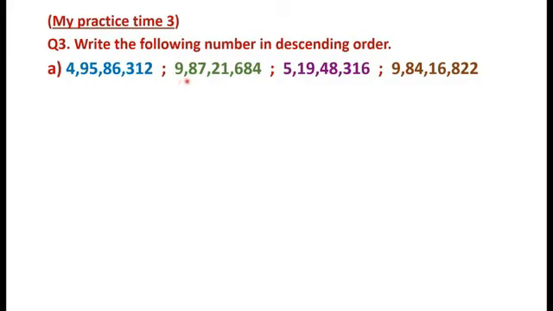As both numbers have 9 as the first digit, we will move to the next place and compare the digits. Here the digit is 8, and here again the digit is 8. Again both have the same digits, so we will move to the next digit.